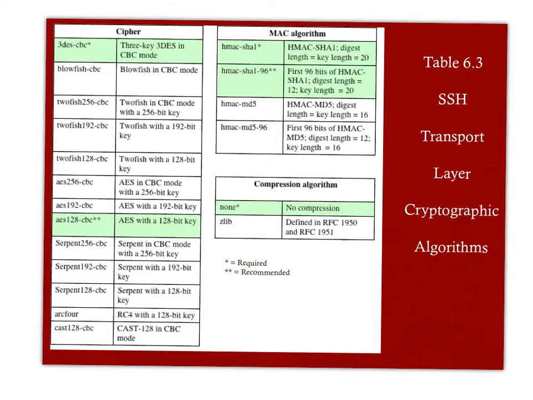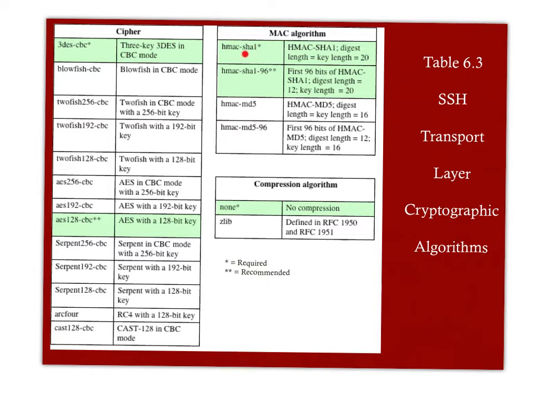And that's why we need to negotiate, right? Because some implementations, for example PuTTY, implement the minimum. So PuTTY will use triple DES with cipher block chaining for encryption, and will use AES also for encryption.